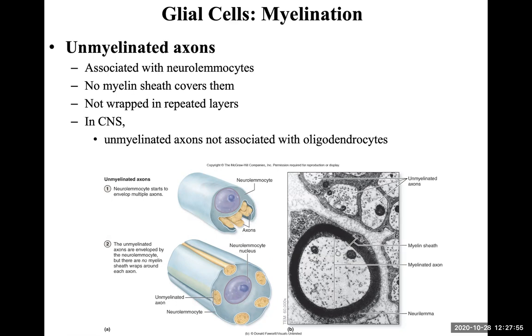So the myelin sheath doesn't wrap around them, but it plays a role in holding the axons that are not myelinated. It doesn't increase the rate at which the action potential is propagated because it's not insulating the entire length of the axon, and so the action potential still has to be propagated along the entire length.